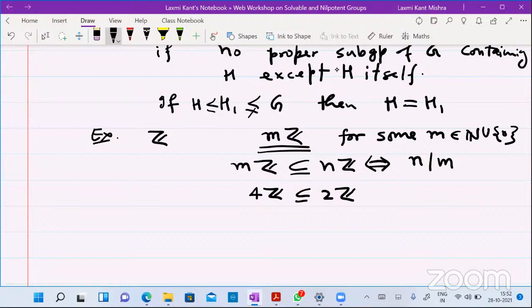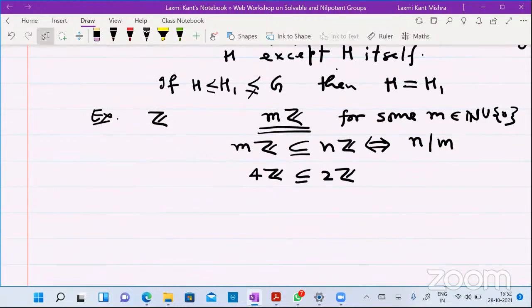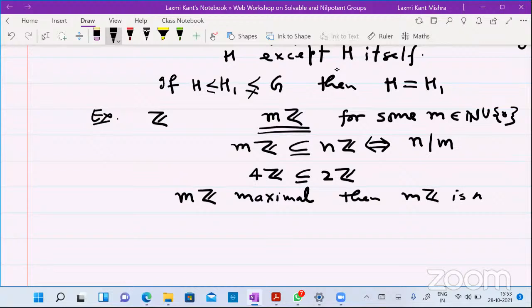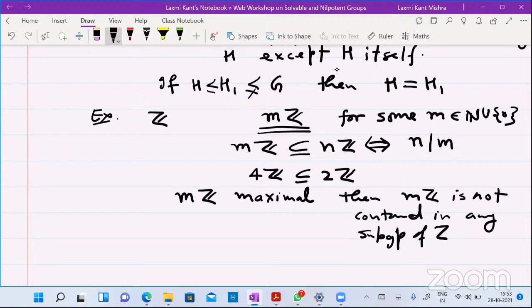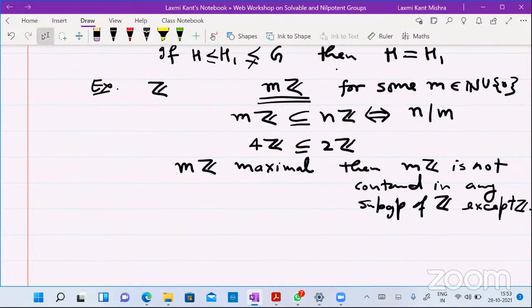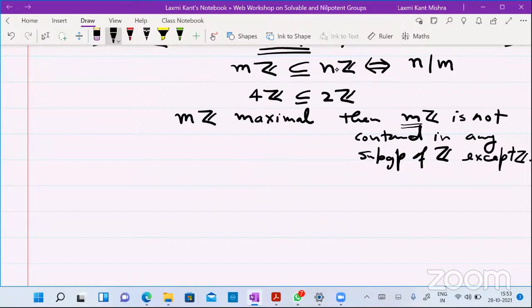Now if I'm saying that MZ is maximal, then MZ is not contained in any subgroup of Z except Z. That means no other proper subgroup of Z is containing MZ except MZ. So M has no proper divisor.